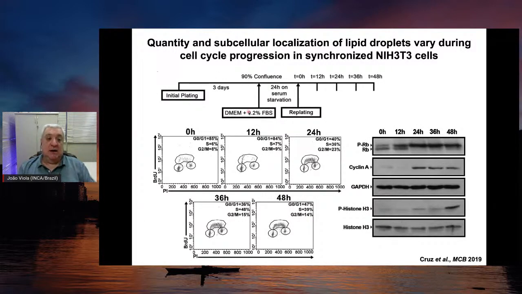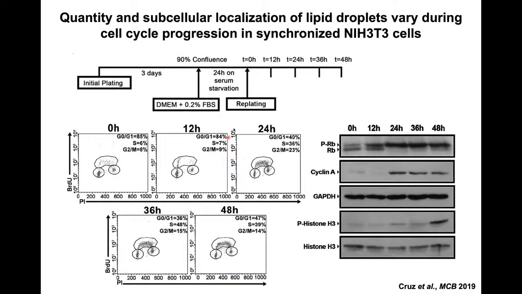For this, we place them in serum starvation for 24 hours, and then stimulate with serum and see the progression of the cell cycle at 0, 12, 24, 36, and 48 hours. You see that at 12 hours, the cells enter S phase, progress through S phase at 24 hours, and enter G2/M phase later on.